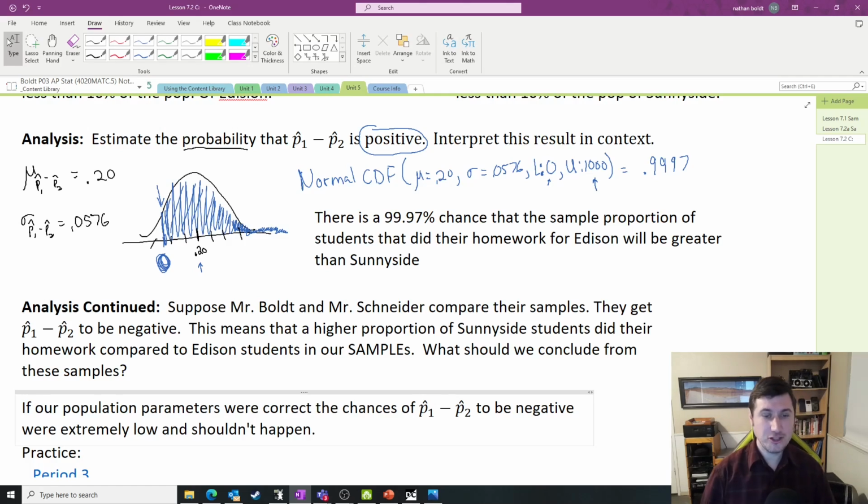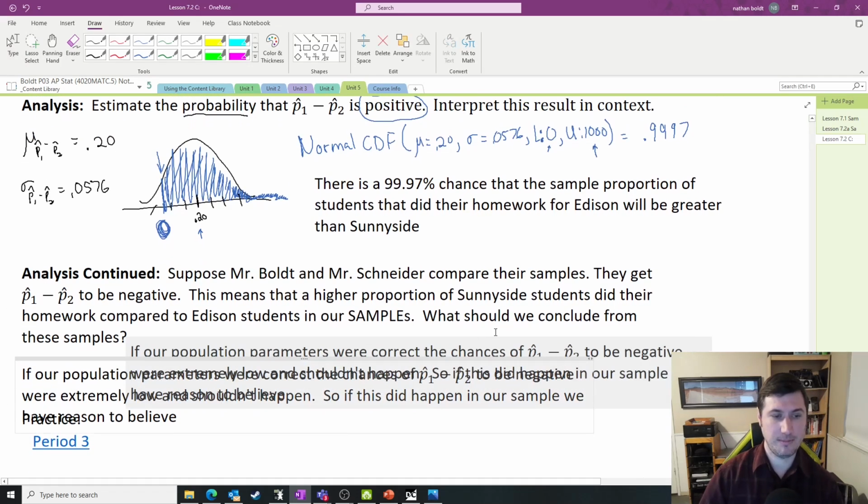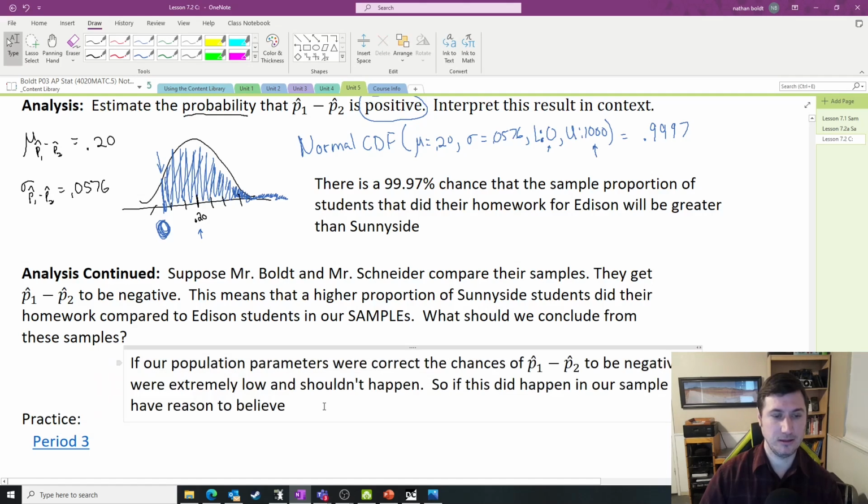All right? The chances of Sunnyside being higher than Edison was almost non-existent in this scenario. So if the sample that we took shows that to happen, we have to question the original parameters of this question. So if this did happen in our sample, we have reason to believe, my bad, spacing, it's hard. Our population parameters were wrong.